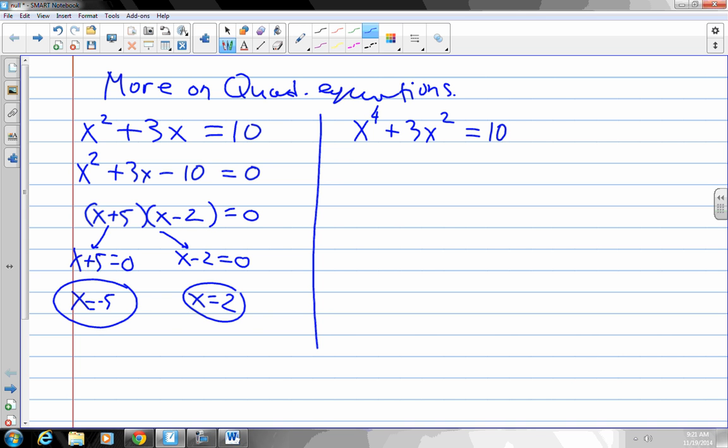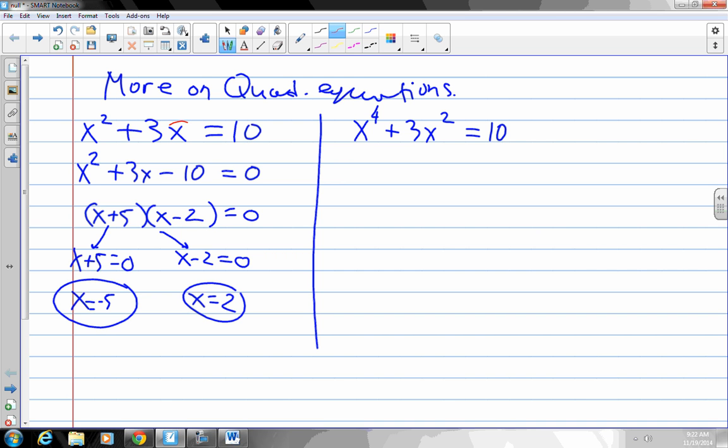They are similar. Yeah, I will still subtract 10, but what I want us to realize, although this is not a quadratic equation, it's not a second-degree equation, it's a fourth-degree equation, but it has the same pattern as the equation I just wrote. You have two variable components where one is the square of another.